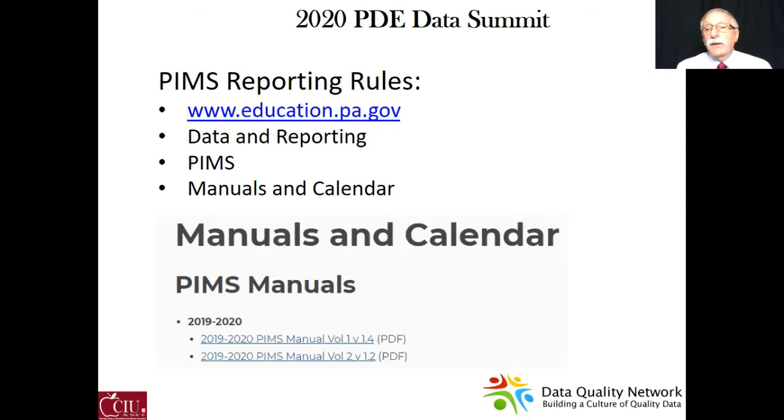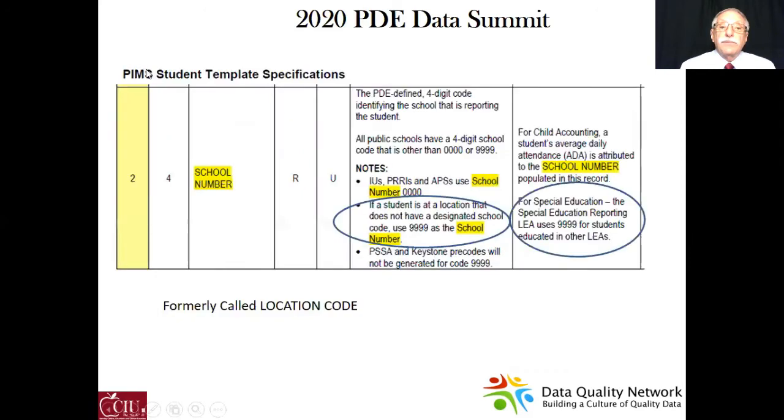Volume 1 will contain the records for each collection and specific information for each field, and Volume 2 will contain appendices pertaining to codes that are required in Volume 1.